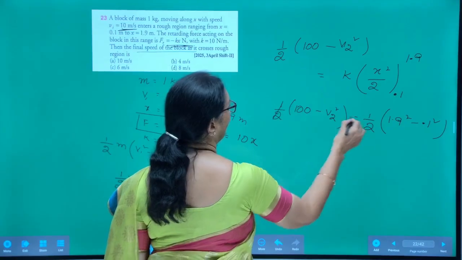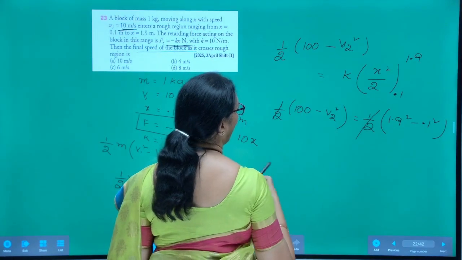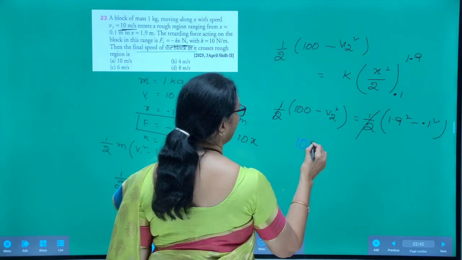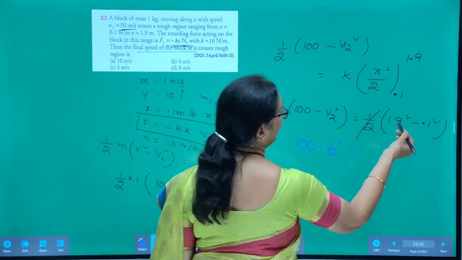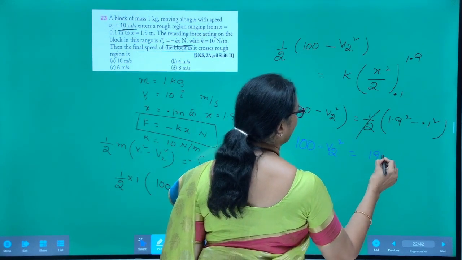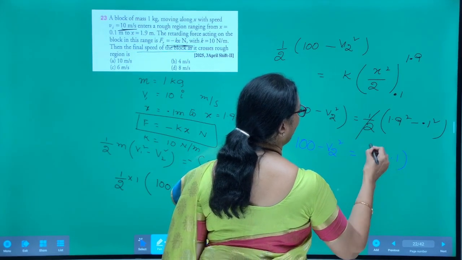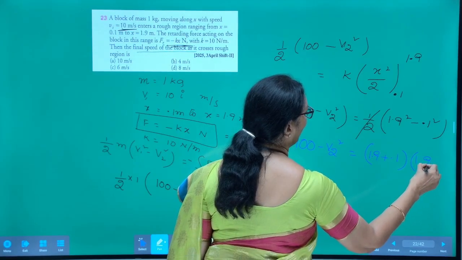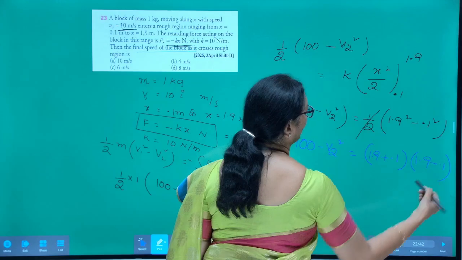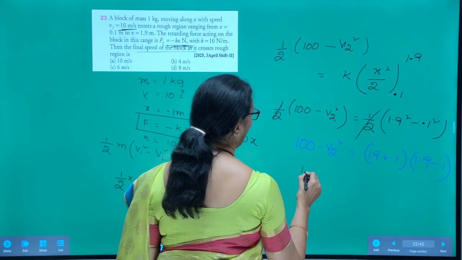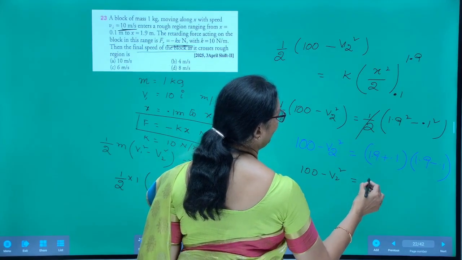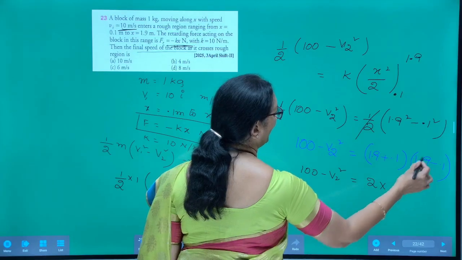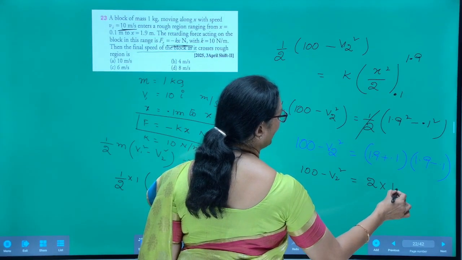You need to do the calculation part. 100 minus V2 square is equal to a square minus b square. Just for simplicity, a plus b into a minus b. So this becomes 100 minus V2 square, 1.9 plus 0.1 is 2, 1.9 minus 0.1 is 1.8.